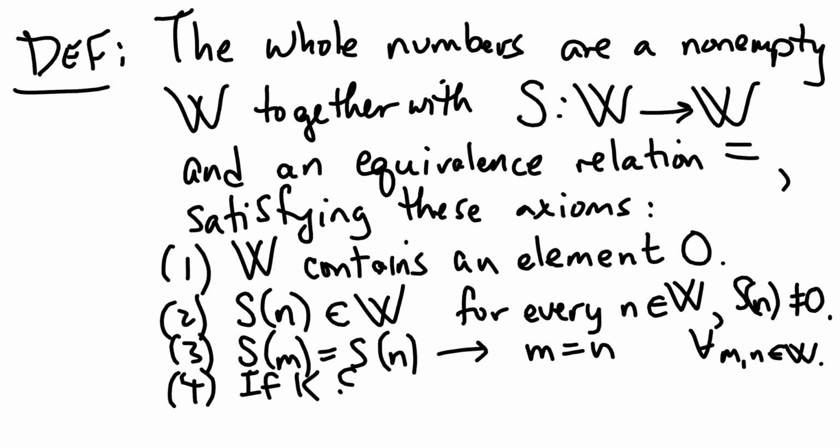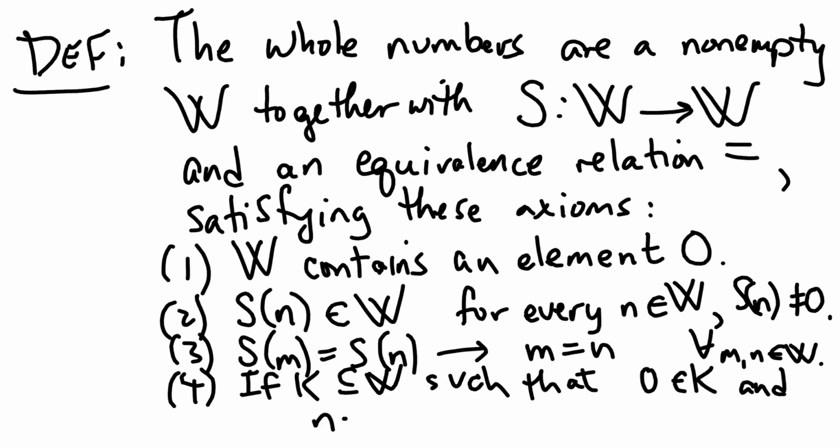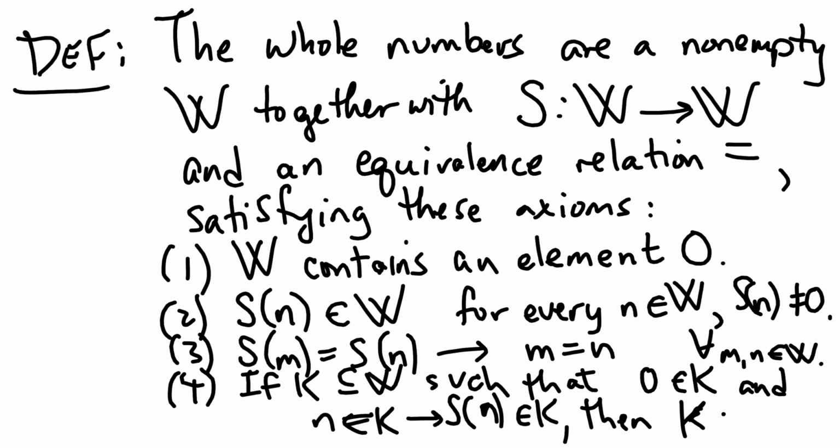If k is a subset of the wholes such that 0 is in k and n being in k implies S of n is in k, then the set k is really the whole numbers.